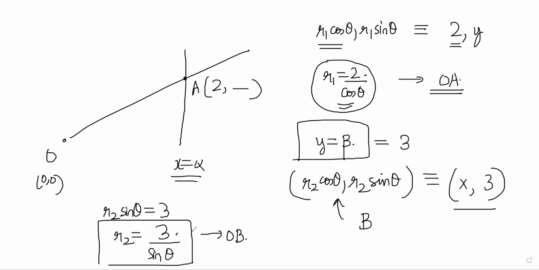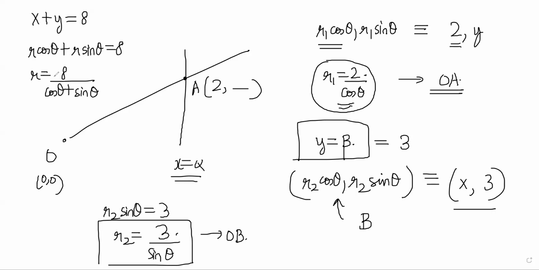Now I will try to figure out the third point, which is C, where the line cuts the other line x plus y equals 8, right? So if x plus y equal to 8 is being intersected at a point, we can say r cos theta plus r sin theta is equal to 8. So r should be 8 by cos theta plus sin theta. And this r we will call r3.